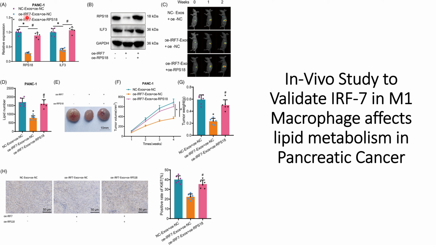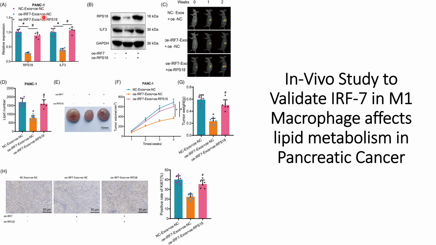And for the overexpressed IRF-7 exosomes, the M1 macrophage is transfected with the lentivirus that has the IRF-7 plasmid, which will lead to the overexpression of IRF-7, and the exosomes collected from those macrophages are used in this second condition.